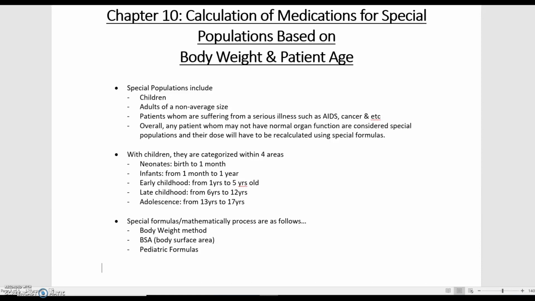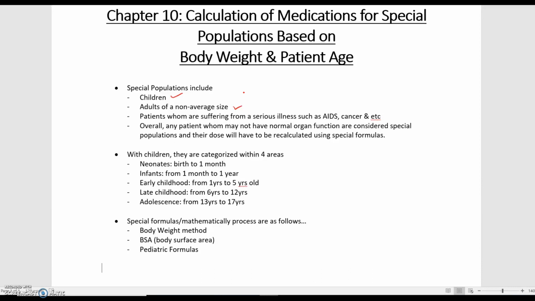As you can see here, special populations include children, adults of a non-average size. So, for instance, little people, that's a great example. They're considered within that special populations group.